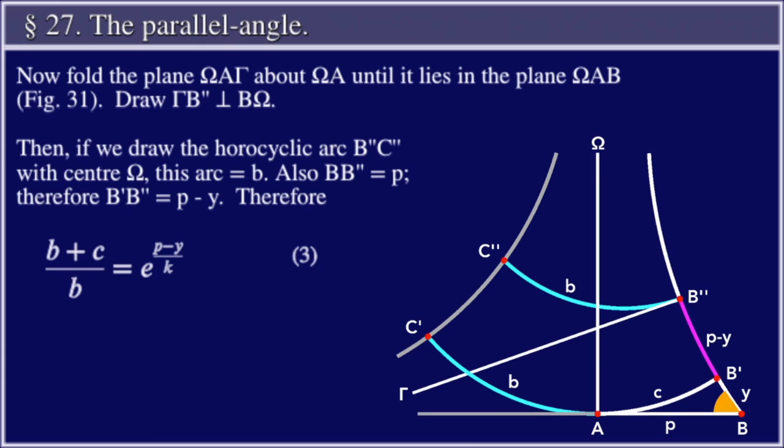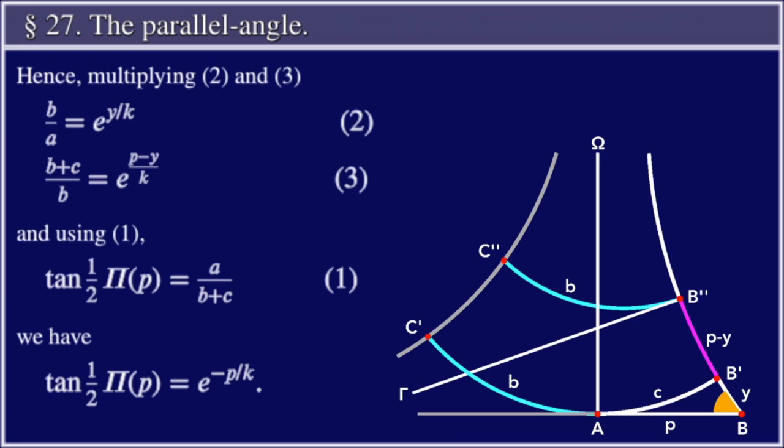Therefore, (b plus c) divided by b is equal to e raised to the power of the quantity (p minus y) divided by k. Hence, multiplying equation 2 and equation 3 and using equation 1, we have the tangent of 1/2 the parallel angle Π(p) is equal to e to the power minus p over k.